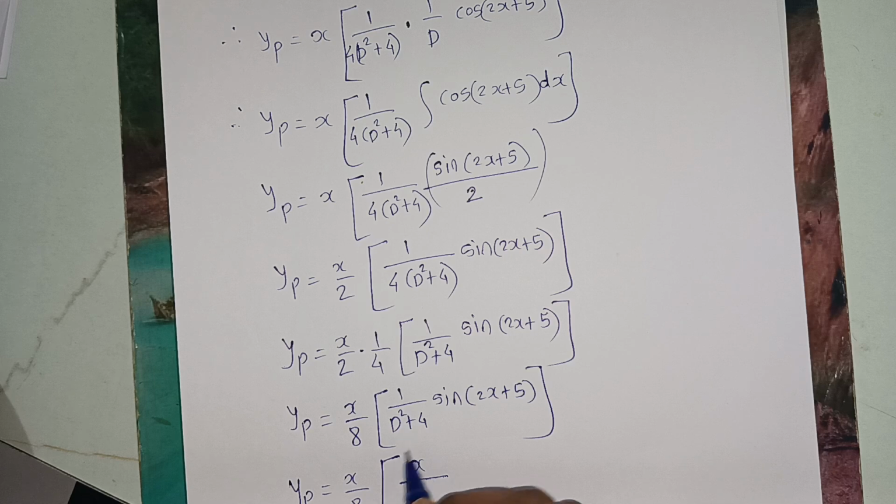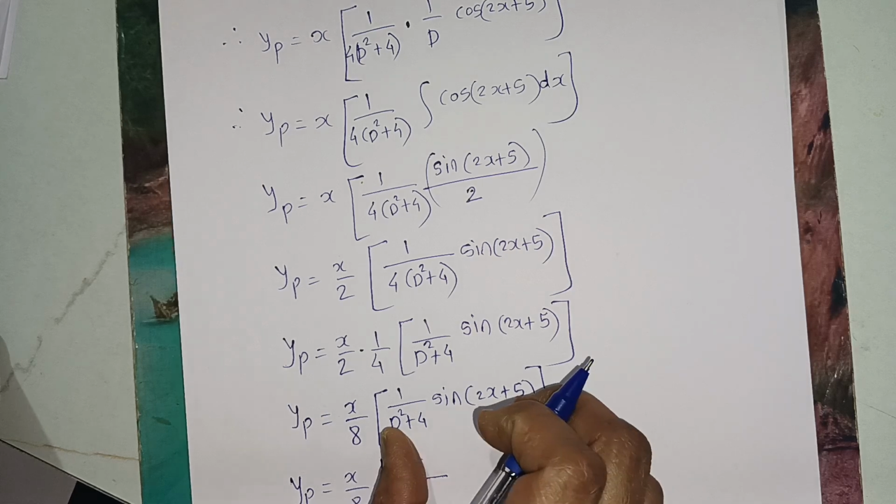Why are we taking the derivative? Because D square plus 4 is 0 after replacing D square by minus 4. Okay, so we have to apply the same case again. So x divided by the derivative of this phi of D square. Now phi of D square in this case is D square plus 4 for this bracket.